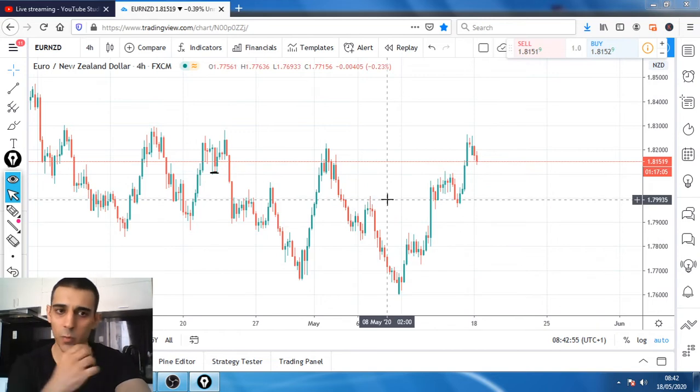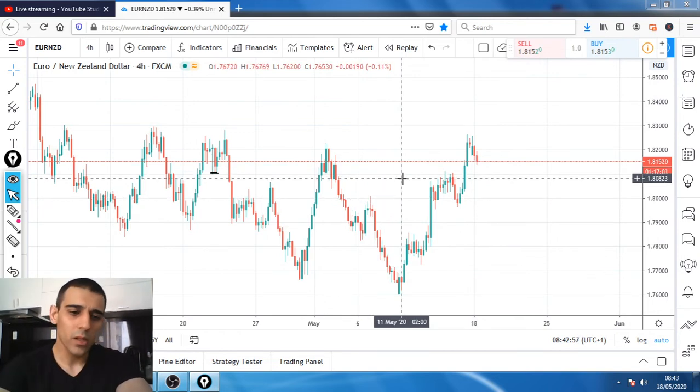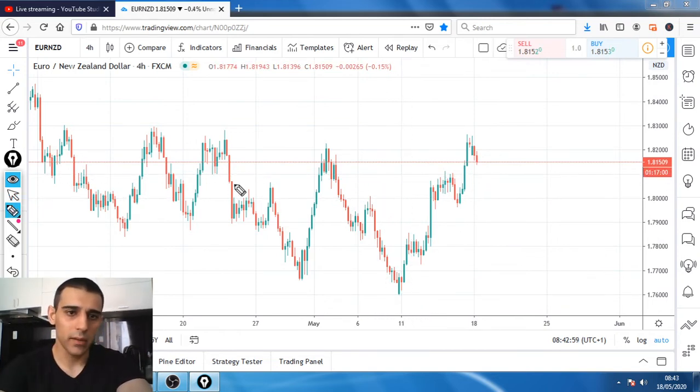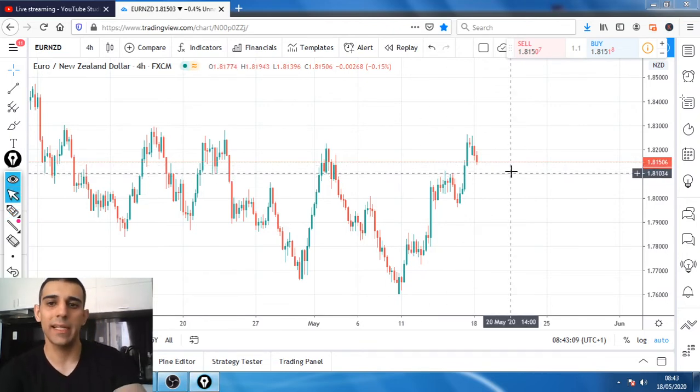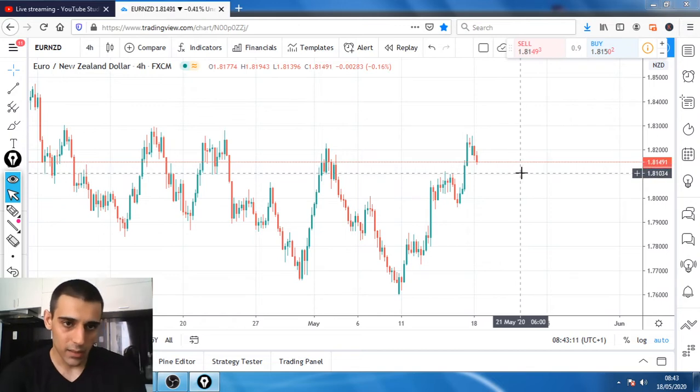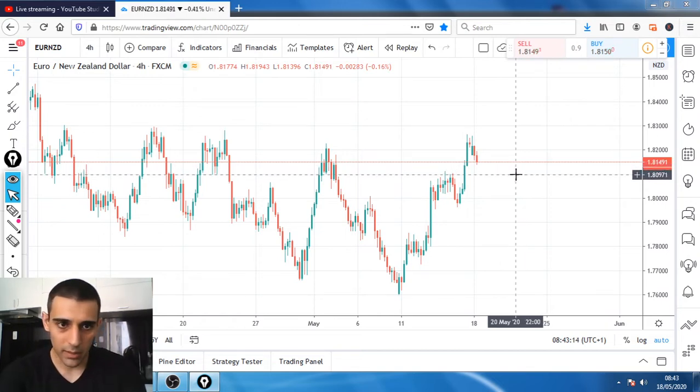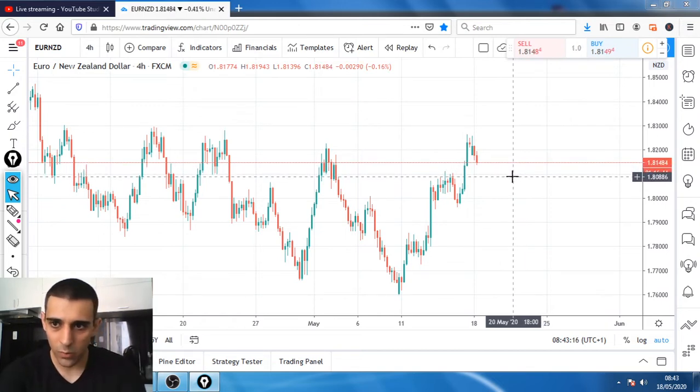So wait for the price to come down and take out this weekly low down here and see how the price reacts. That would be interesting. So roughly about 80-100, maybe the 80-90 zone.